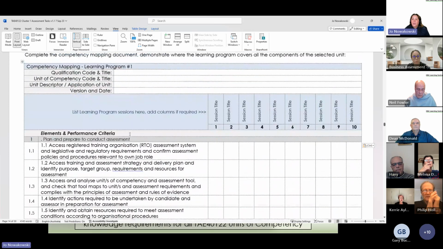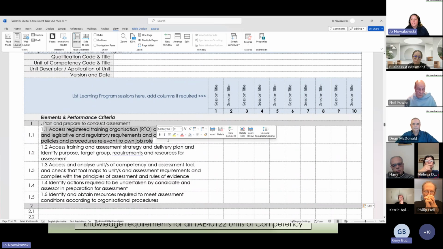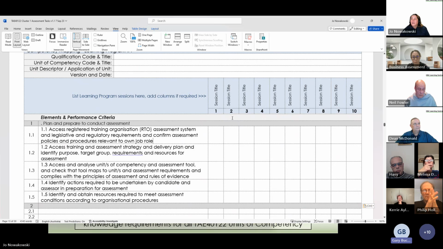Understood, so if I was to facilitate or put this information from element performance criteria 1.1 in session 2, I just put an X, because in my session 1, this would be my introduction and overview of what I'm training.